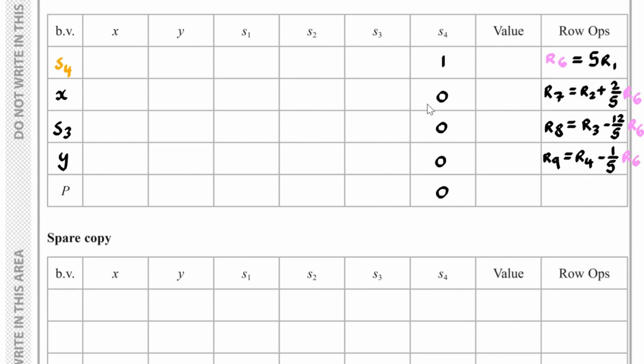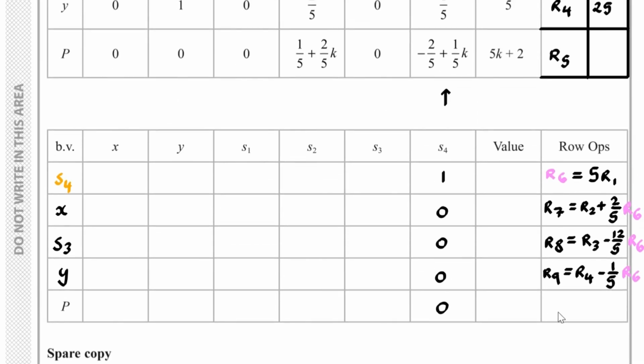And then for the final one, R10, well, we start off with R5, and what we want to get to is 0. So what we need to do is subtract R6 lots of this.